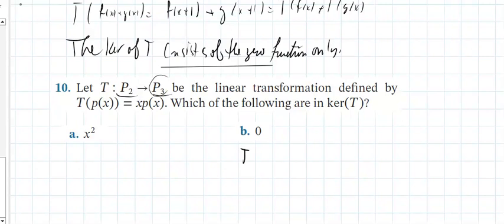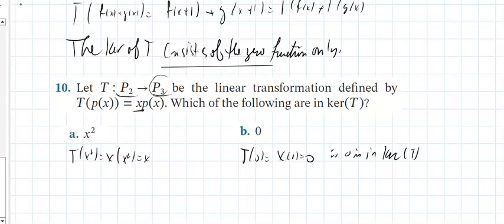If I apply T on 0, according to this, that's x times 0, which is 0. If I apply the transformation on x squared, that would be x times x squared, which is x cubed, which doesn't equal 0. Therefore, x squared is not in the kernel of T.